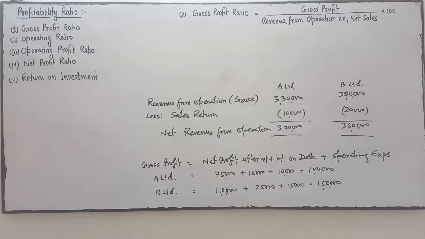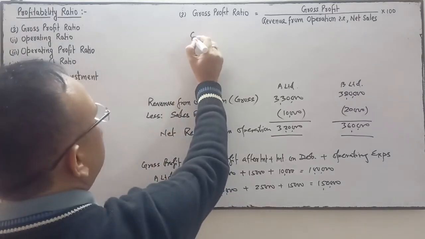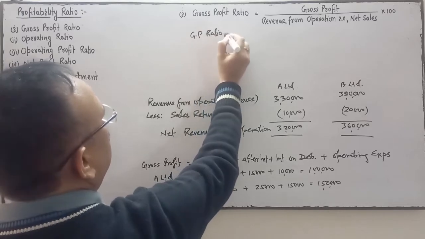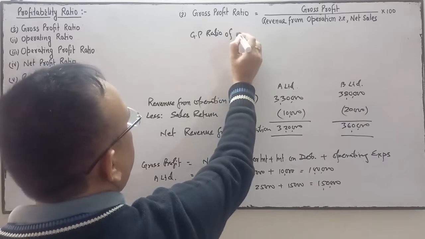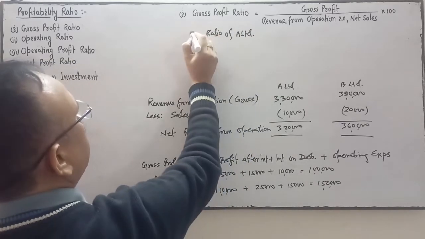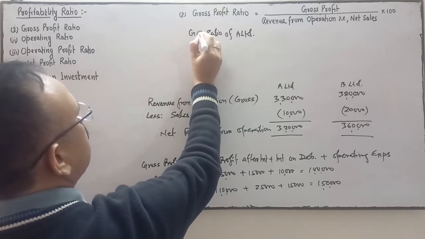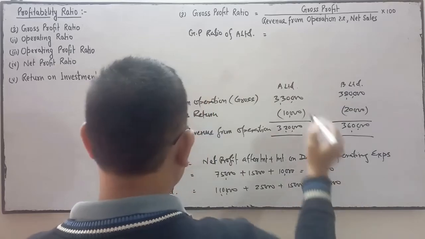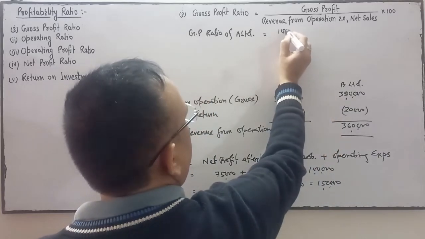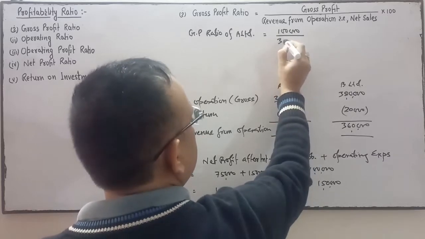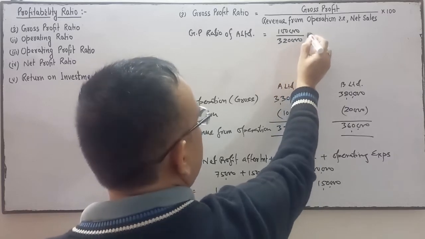First of all, we will find out the GP ratio, gross profit ratio, of A Limited. Gross profit is 1 lakh and revenue from operation is 3,20,000, into 100.